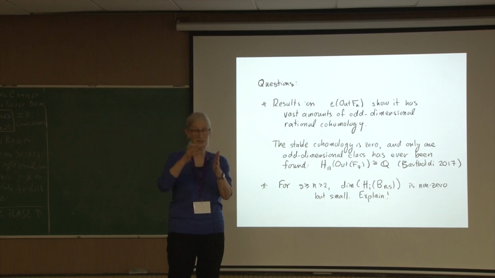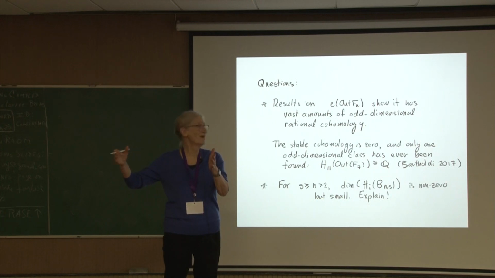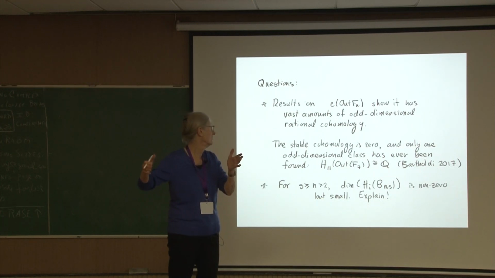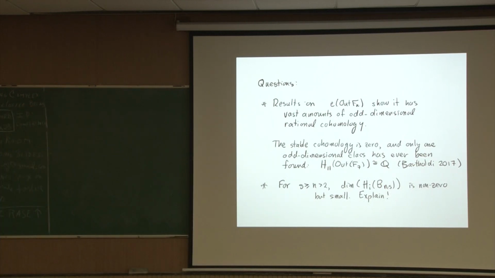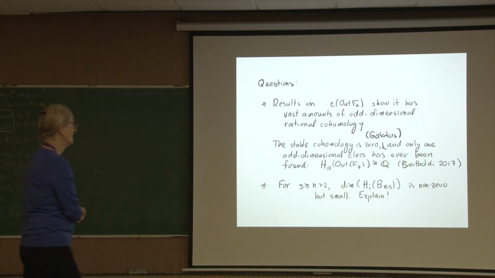The ith homology stabilizes, so if n is much bigger than i, there isn't in fact any cohomology at all. This is a theorem of Søren Galatius.